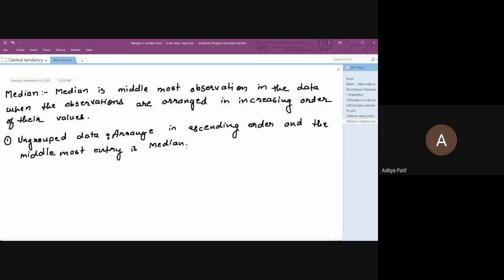Sir, we'll have to find the two entries which are in the middle and take the mean of them. Exactly.